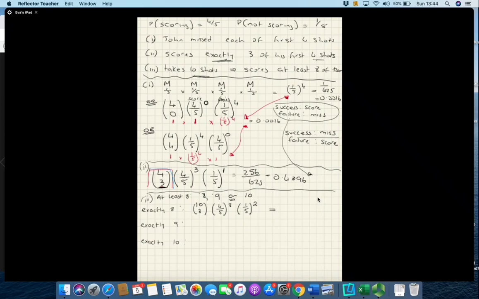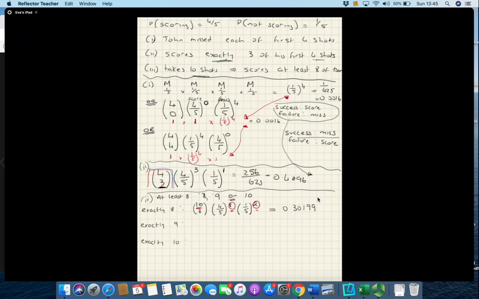So 10 choose 8, I'm just on my calculator now, 4/5 to the power of 8 by 1/5 to the power of 2, and I get 0.30199. There's my 10 shots accounted for: 8 I scored, 2 I missed. You always have to account for all 10 shots.